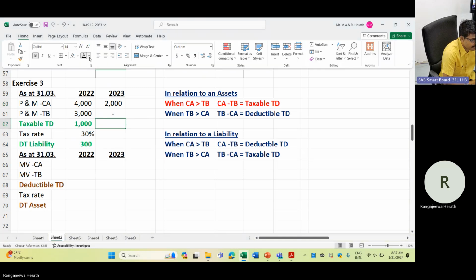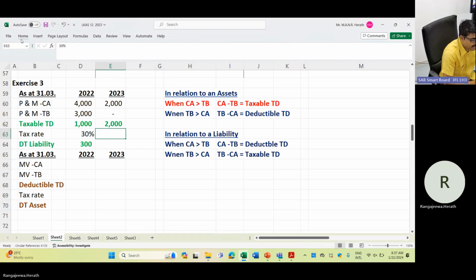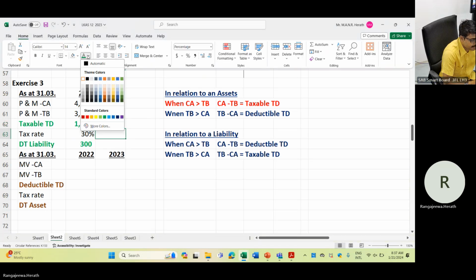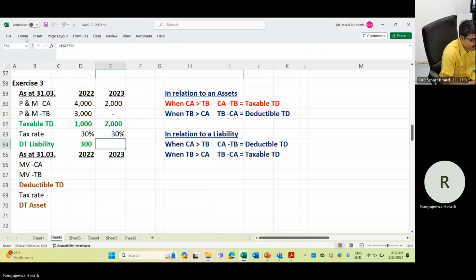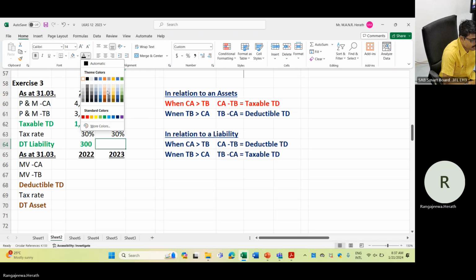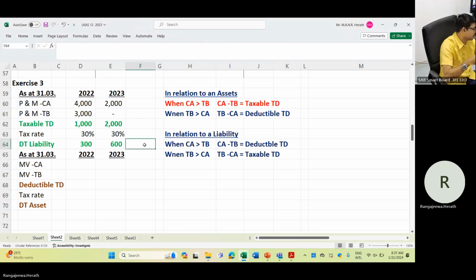Is also taxable. Multiplied by the tax rate. So the deferred tax liability 300 at the end of the first year, 600 at the end of the second.